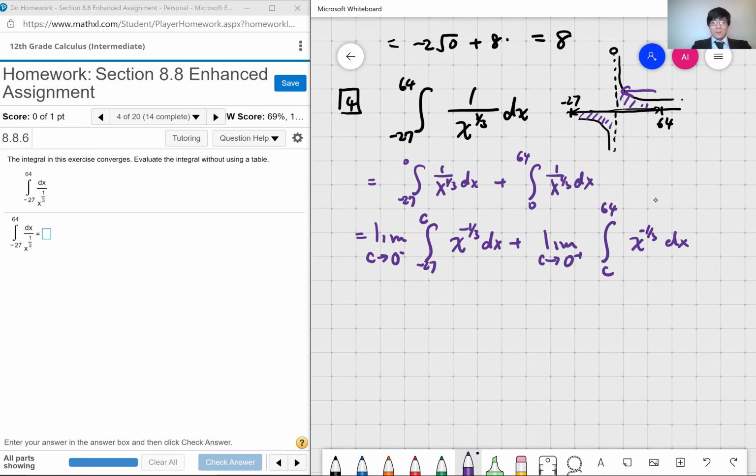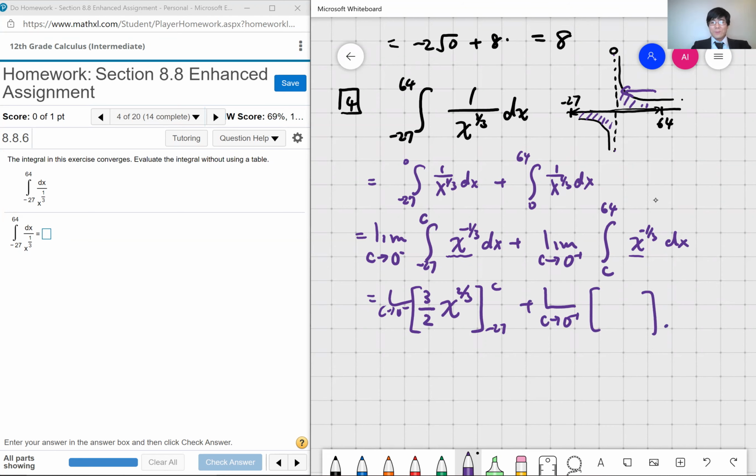This is just a power function. So using the power rule, add 1 to the power and divide by it, or multiply by its reciprocal, which is 3/2. And you plug in like this. Okay, and do the same thing here.